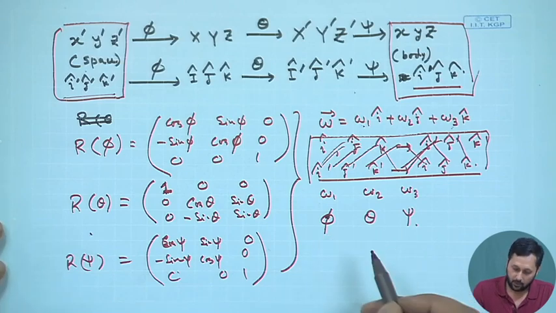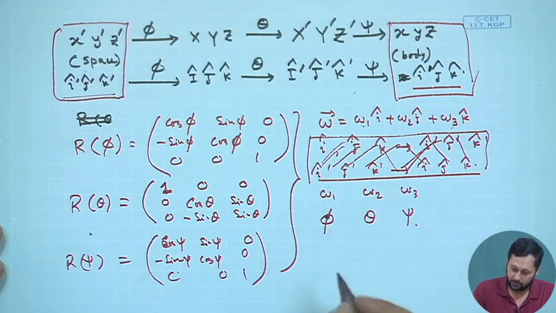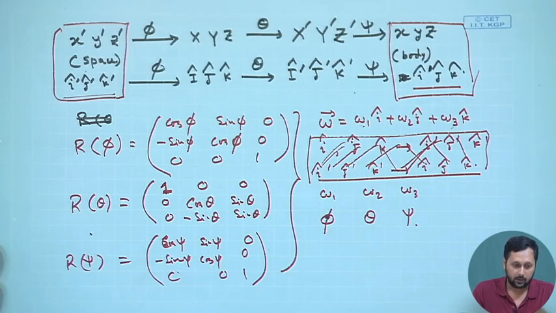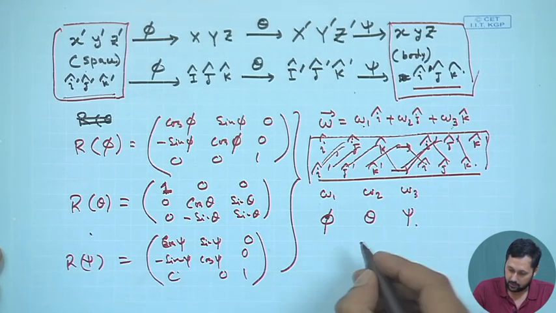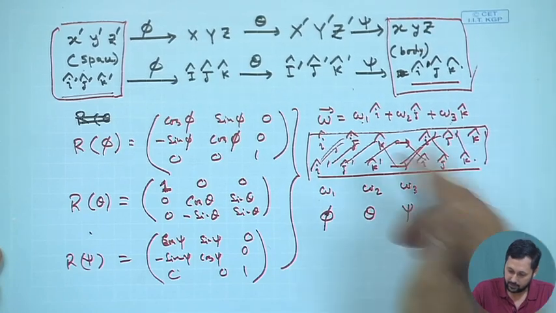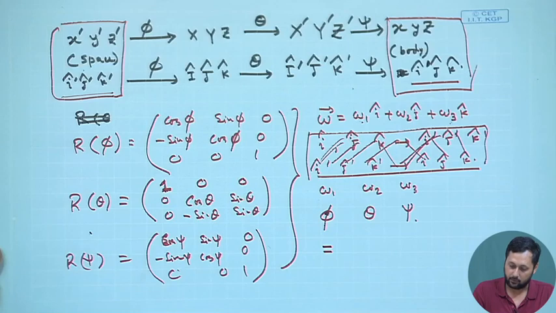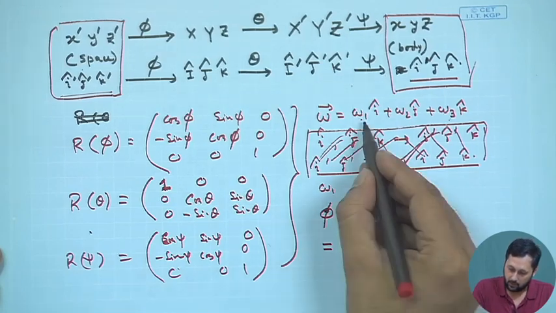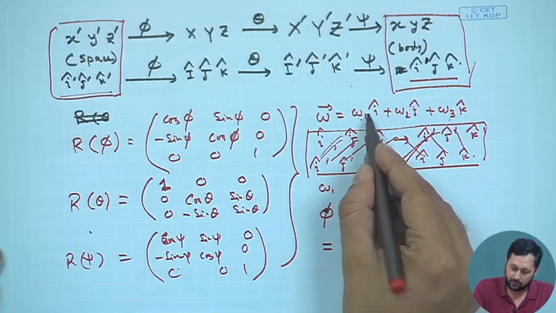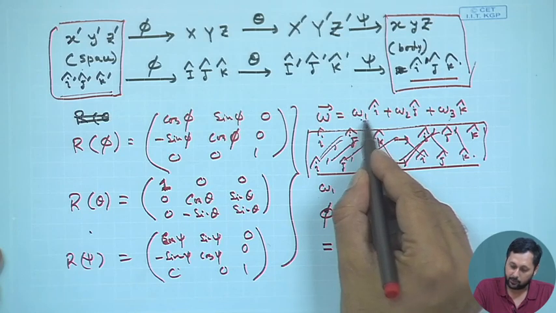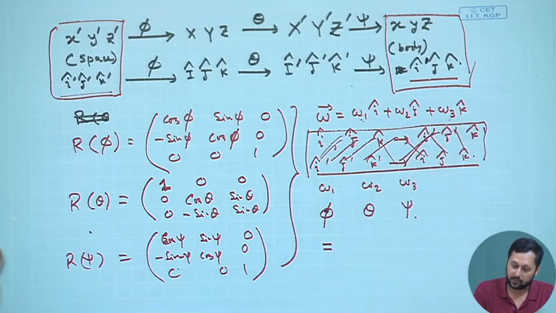Now, what can be done is we can write this equation in a slightly alternative form. We are finally aiming to write in terms of omega 1 i cap, omega 2 j cap and omega 3 k cap.